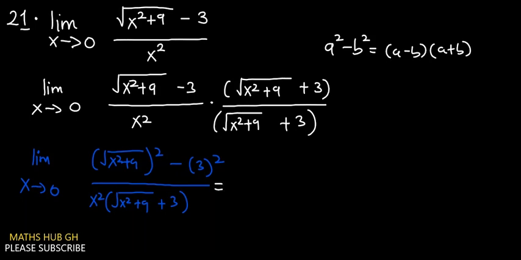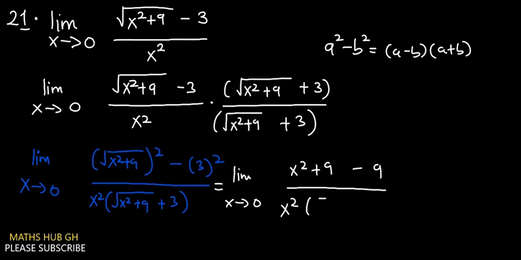So from here you are going to have the limit as x approaches 0 of x squared plus 9 minus 9, divided by x squared multiplying the bracket of the square root of x squared plus 9 plus 3.